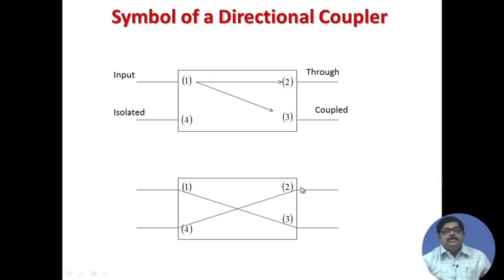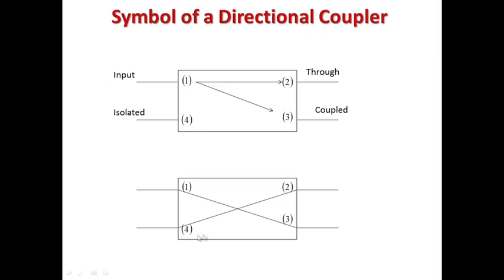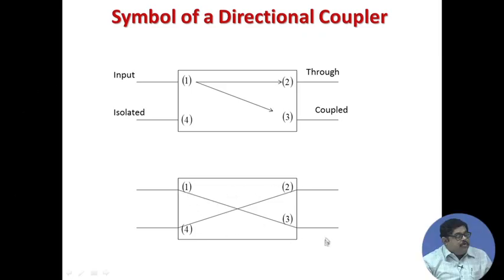Till now we have not mentioned this point, but in any waveguide there is some incident power and some reflected power. With this 4-port device I can separate them, because in the main line whatever incident wave is going here is not at all coming here, they are isolated. The reflected wave is not coming here, the incident wave is coming here. So, port 4 does not have any incident wave.